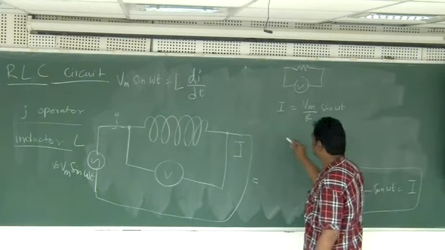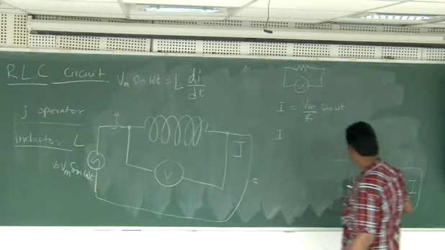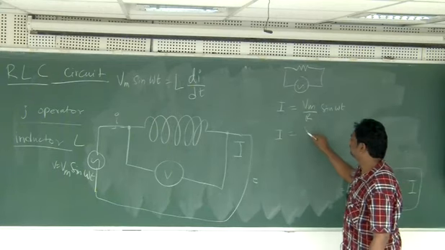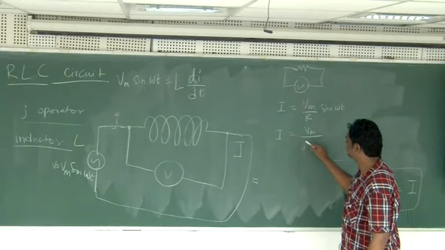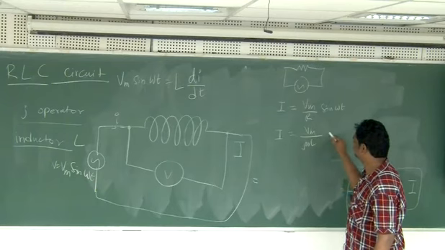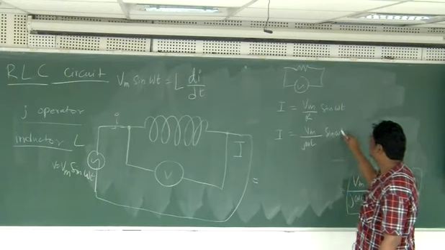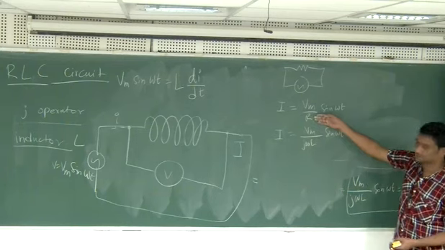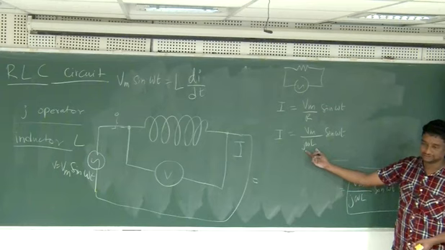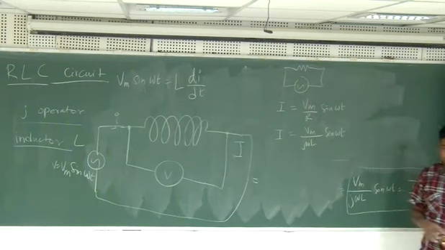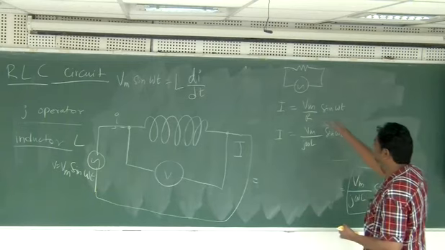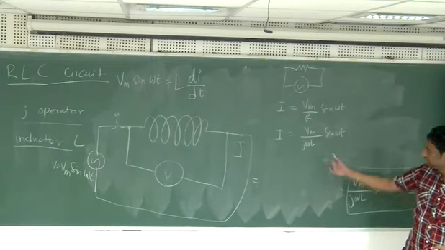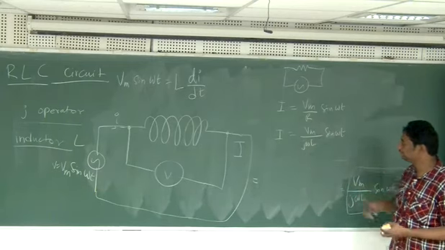Sorry, in the inductance circuit, what is I? V maximum by j into omega L into sin omega t. So what is exactly happening is, the role of resistance is played by this quantity j into omega L. Whatever role of resistance is played, that is taken by this one.